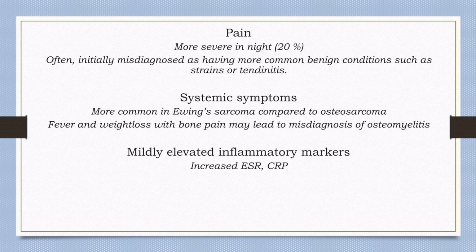It is important to note that in general these lab values, while elevated, are lower than those in patients with true osteomyelitis. Other abnormal laboratory findings include the presence of anemia as well as elevated markers of bone turnover such as lactate dehydrogenase and alkaline phosphatase.